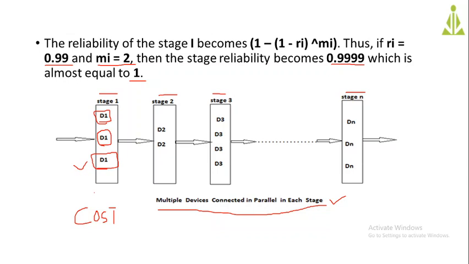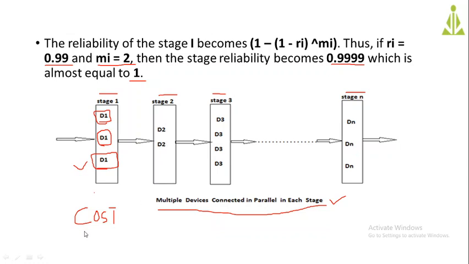So what is dynamic programming? Dynamic programming takes the decision in every stage. For example, if this device is not working, then in the same stage it will select the one which is working. Dynamically, it will select the device and continue to the next step.